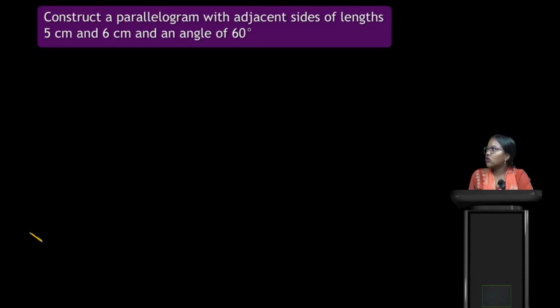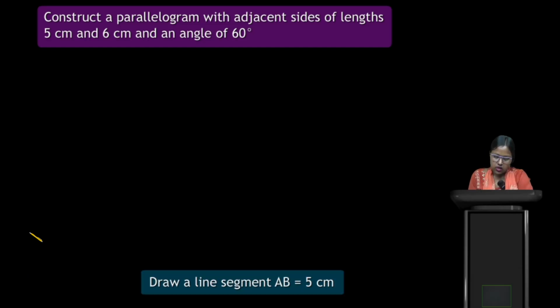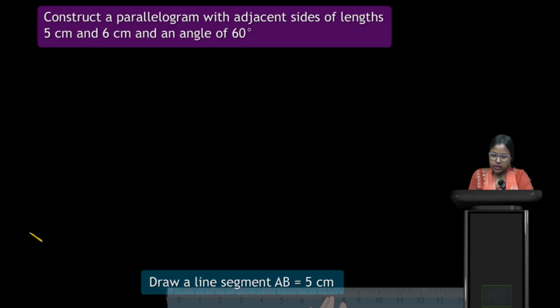Okay, now they are asking you to construct a parallelogram with adjacent sides of length 5 centimeter and 6 centimeter and an angle of 60 degree. So let's try to draw a line segment AB of 5 centimeter. At first you draw a line segment of 5 centimeter.